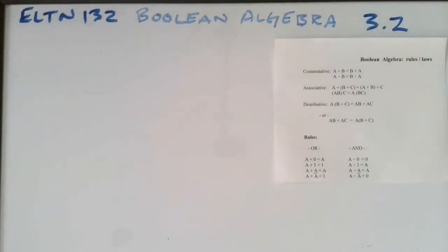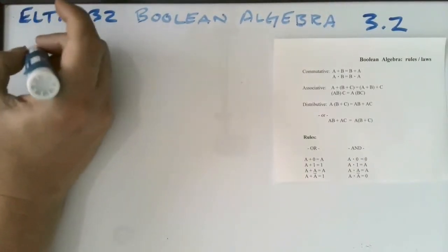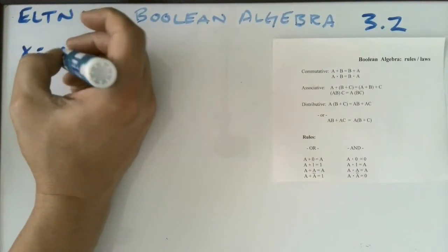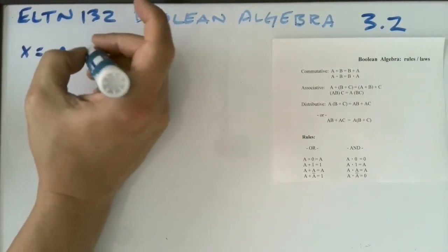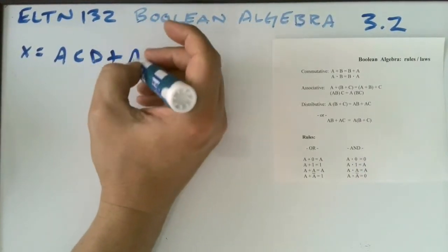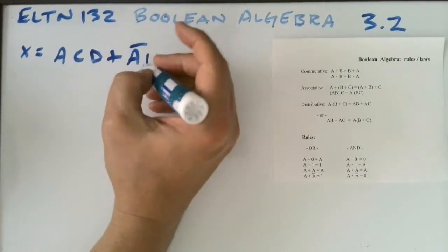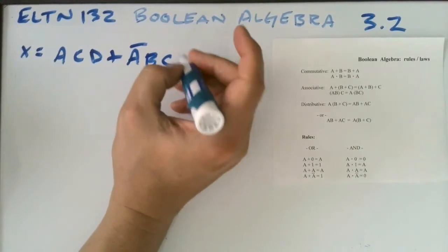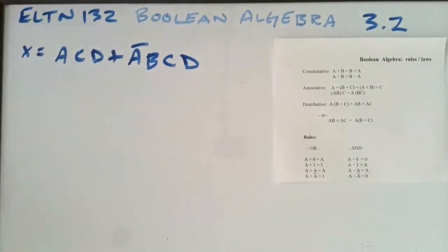Okay, for the last example here, I'm going to write out an equation, x equals A and C and D, or A naught B C D. Now, because these are two ORed terms, we can't use the FOIL method to distribute it.